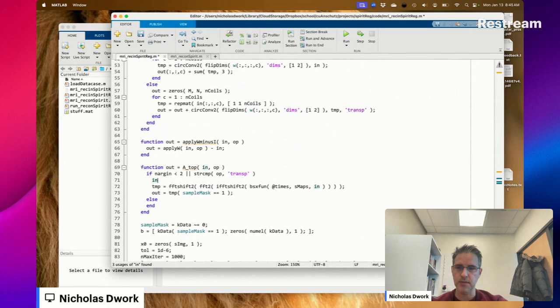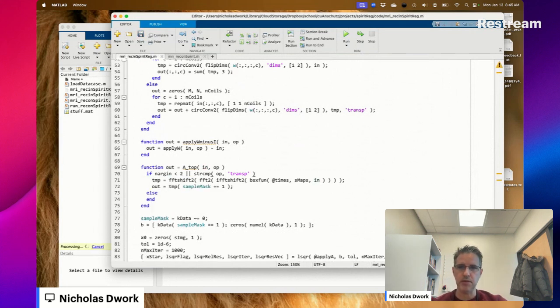So in here is going to be a vector. We're going to do reshape. We'll do the reshaping for apply A and for nothing else.